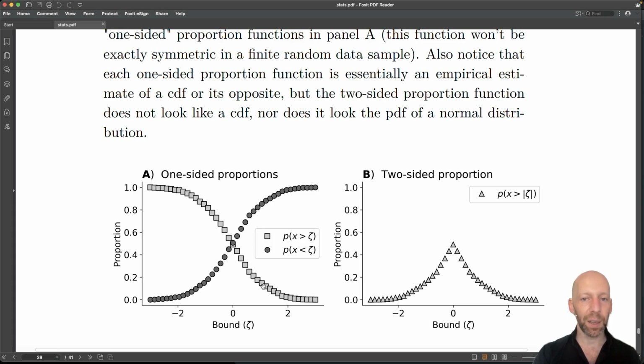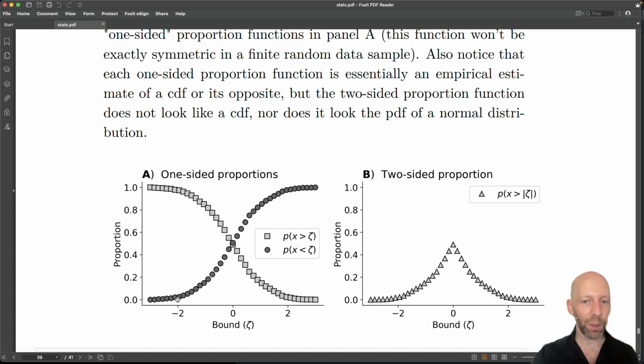And the values here on the y-axis are the proportion of data points from our random sample, from our little data set, that are above zeta, that you can see here, and below zeta, that you can see with the dark gray circles. So again, they cross around 0 because at 0, we expect around 50% of the data points to be above and below the threshold.